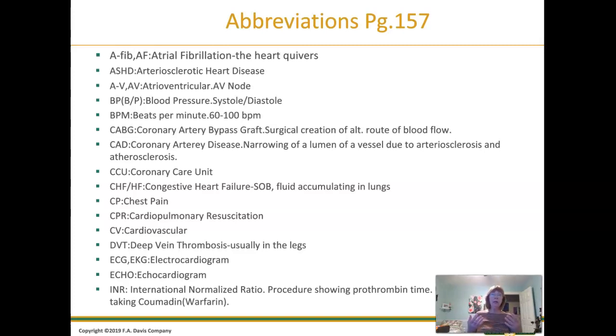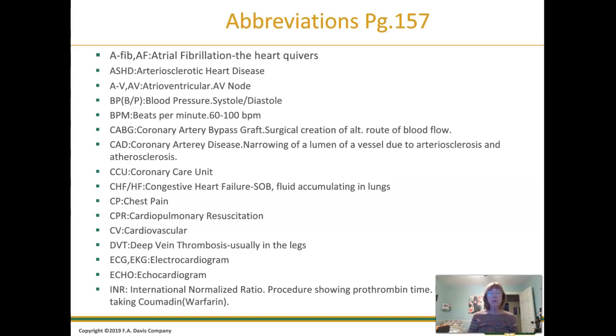And we use that in CPR, and they always use the example of, think of when you catch a fish and the fish is quivering when you've got it out on the sidewalk or the boat or whatever, okay? So it quivers, and that's what the heart is doing, the atrium. It's not contracting and relaxing like it's supposed to be.